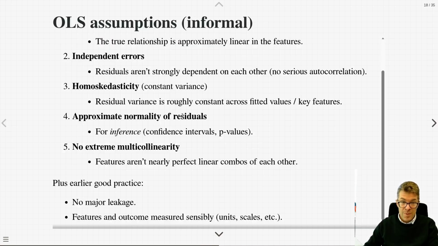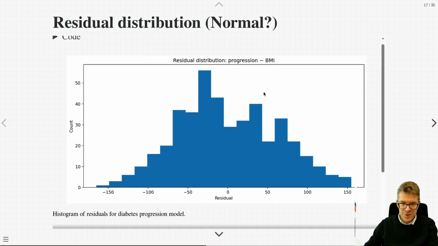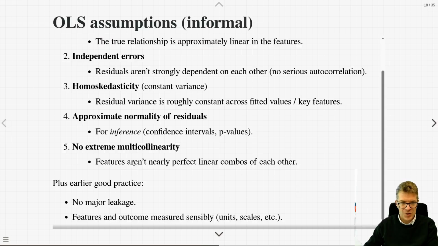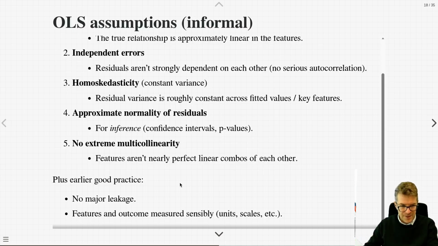For the normality of residuals, looking at the distribution, it more or less follows a normal distribution. So far so good, and there doesn't appear to be any collinearity because there's no second variable that is totally redundant with another one. So all good.